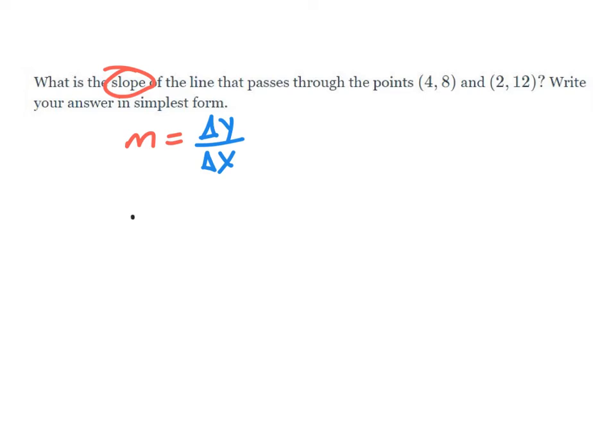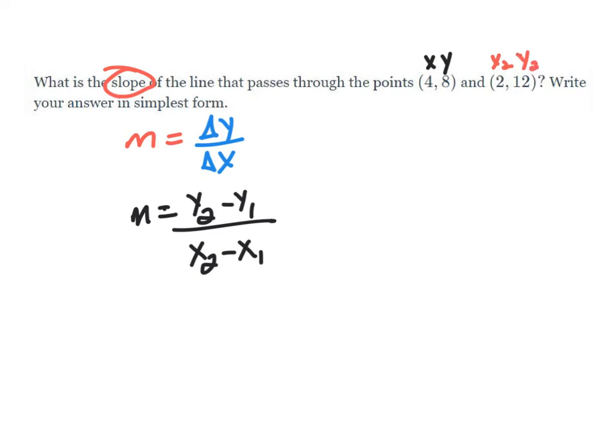We do have a formula that we use. M is equal to y2 minus y1 over x2 minus x1, okay? So let's go ahead and label. We can call this first one x1 and y1, and then we'll call this second one x2 and y2.